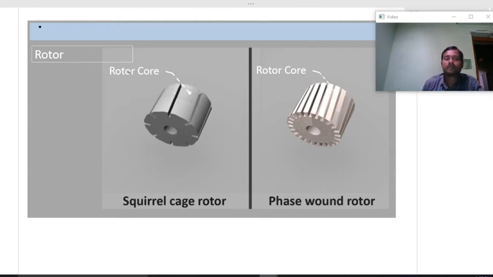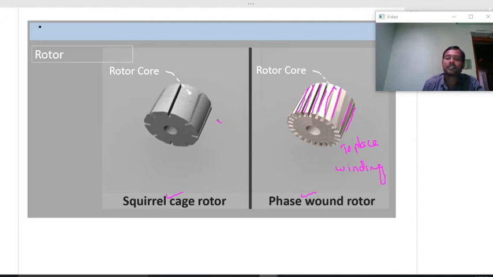So this is the rotor of the squirrel cage, also laminated, and the phase wound is also laminated. But the difference is that slots will be available in the wire wound or phase wound rotor to place the winding.